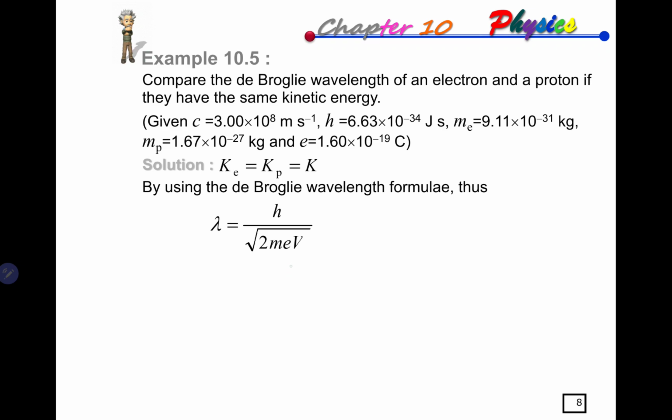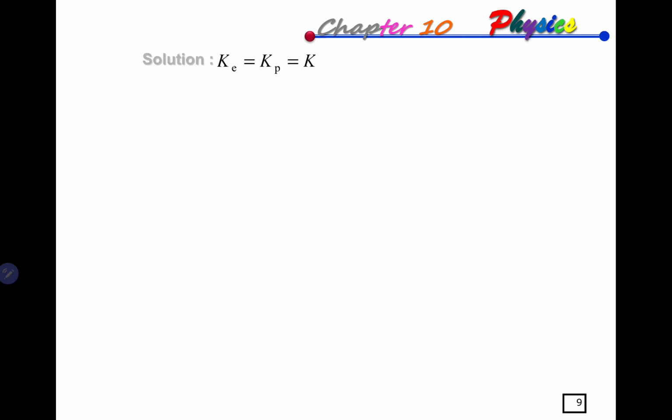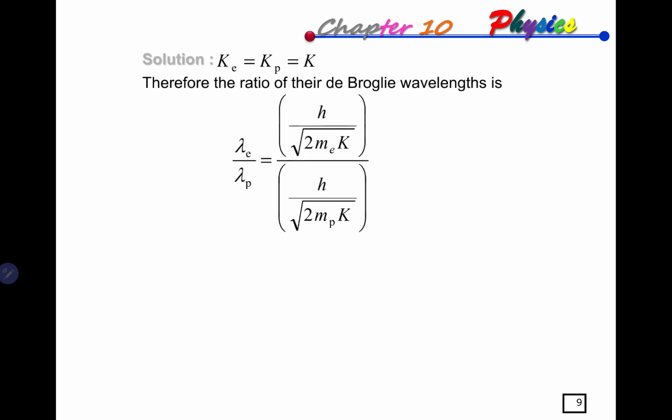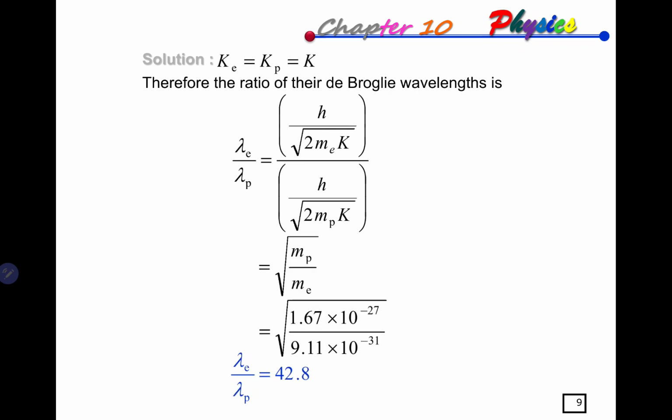Since kinetic energy is equivalent to eV over here, we can replace eV with K and simplify the equation. With the same amount of kinetic energy, let's arrange it in terms of the ratio of wavelengths. The final answer for the ratio is 42.8.